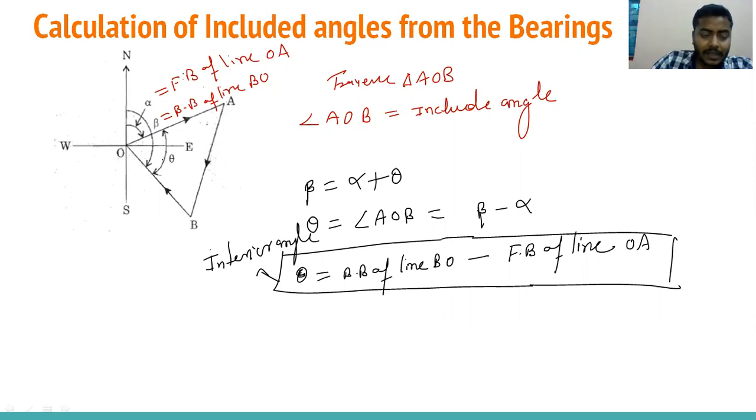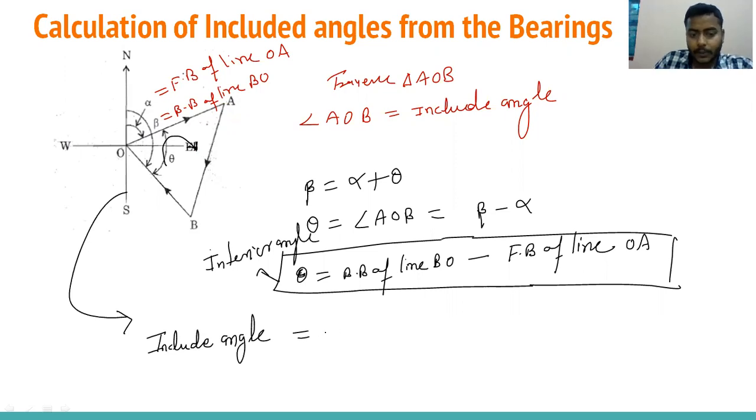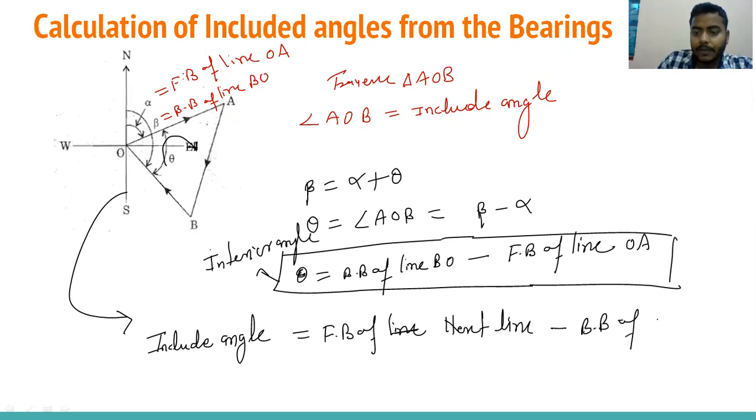Now check the direction of traverse. You can see here the traverse direction is clockwise. I told you when the traverse direction is clockwise, we are getting the exterior angle. Always we get the exterior angle by formula. So the general formula I am writing here: included angle is equal to fore bearing of next line minus back bearing of previous line.